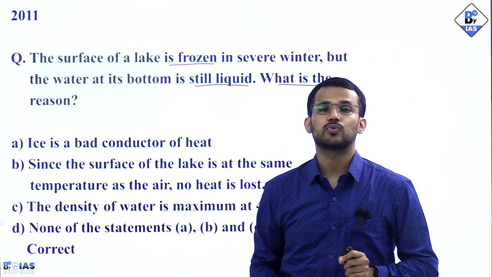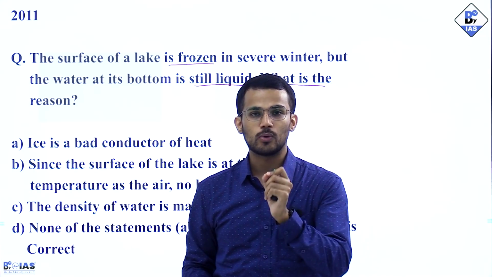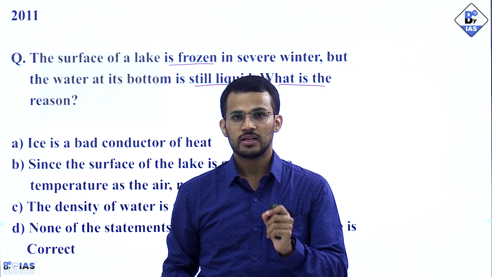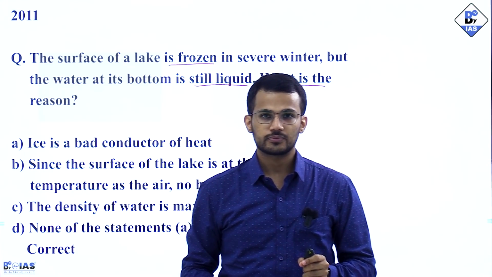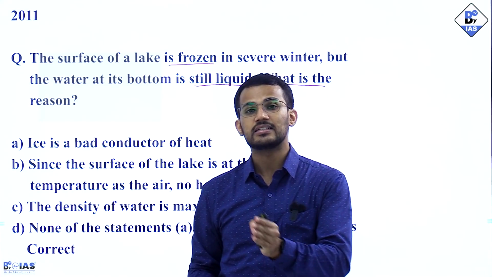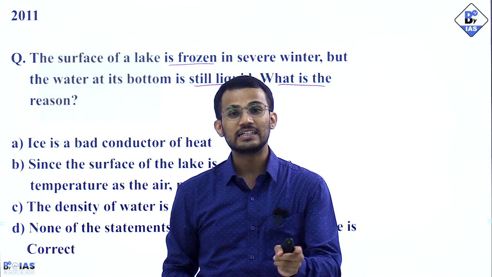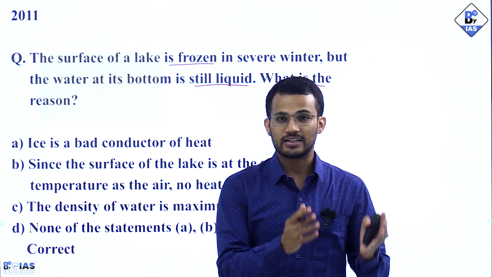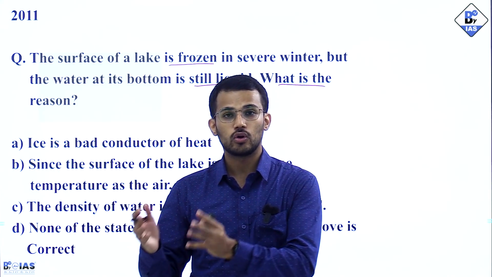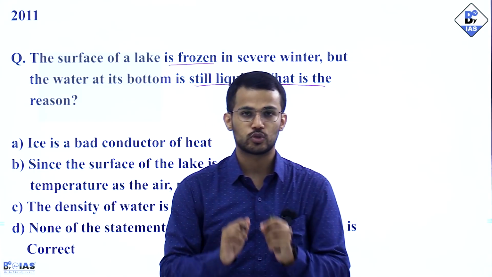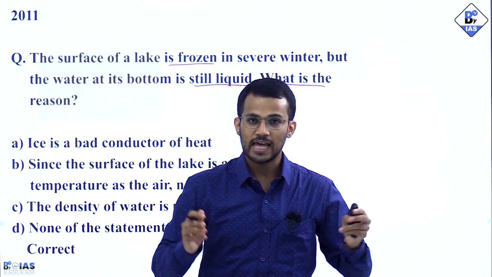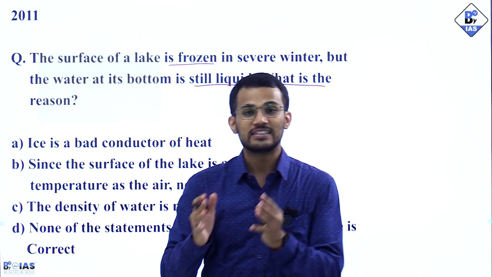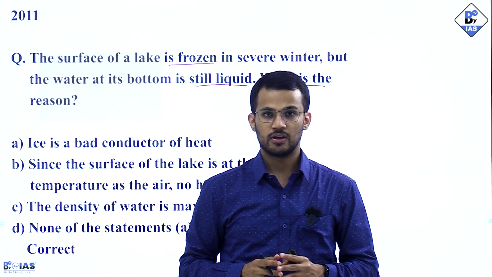So the main reason for this is a phenomenon associated with water. We generally know that whenever there is a decrease in the temperature, density increases. For most of the fluids, this is true. As we decrease the temperature of a particular liquid, its density increases, right?